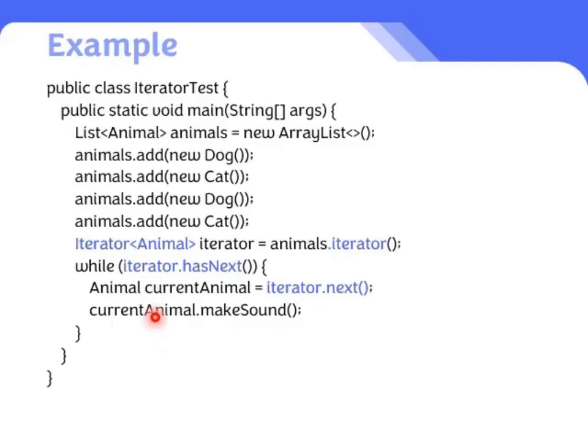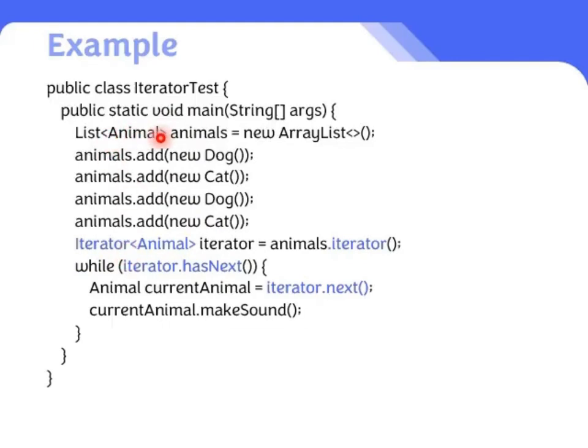Usually, to use this iterator, as I mentioned earlier, you declare an array list as a list, and this time what we're going to put in it is the animal class we learned about last time. We put in the animal class and filled it with lots of dogs and cats. And then to check these contents, last time we used a for loop, but here we declare something called an iterator.